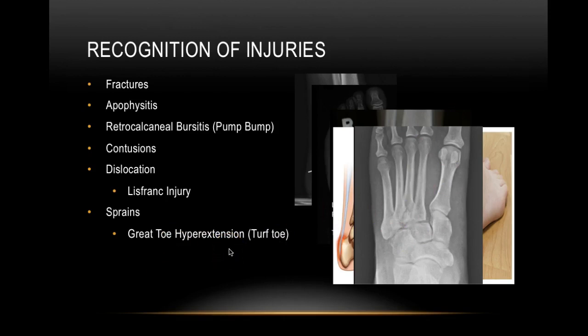You hear a lot about this in the NFL or in football players because it debilitates a lot of these athletes for several weeks, where it's not a fracture, it's not a dislocation, but this sprain is so critical because anything where you have to push off of your feet, it requires toe extension, the great toe extension.